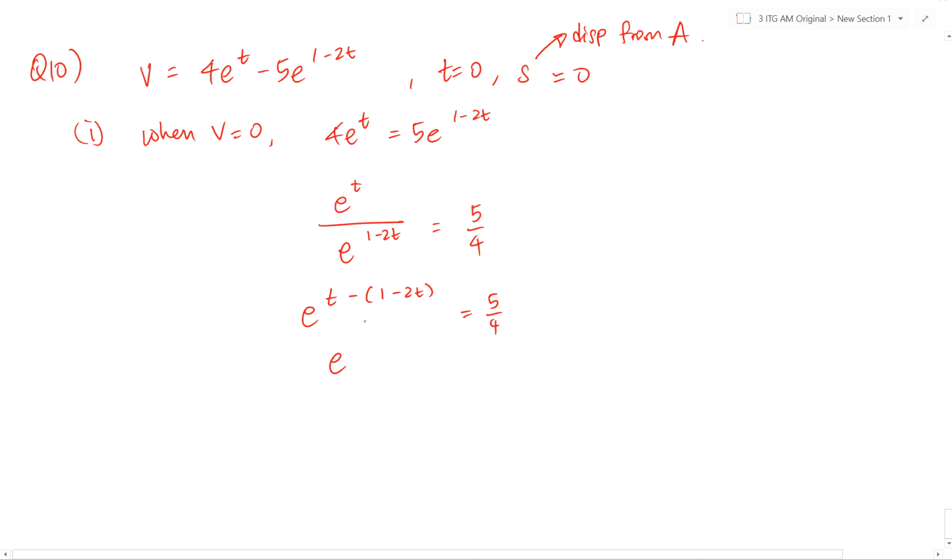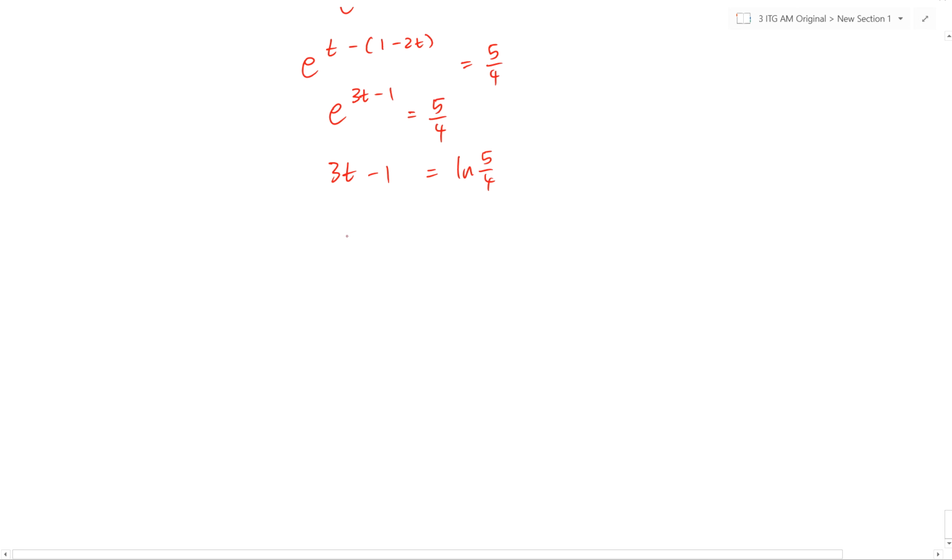So e^(t plus 2t), 3t, minus 1 is 5 over 4. Taking ln on both sides, 3t minus 1 is ln 5 over 4. 3t equals 1 plus ln 5 over 4, t is 1/3 times (1 plus ln 5 over 4).